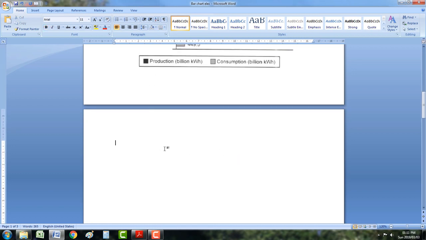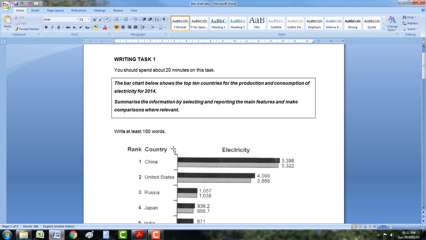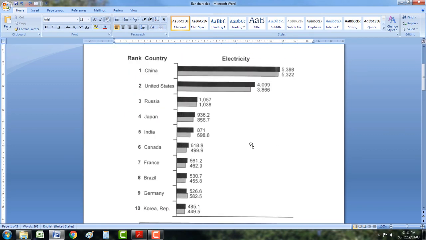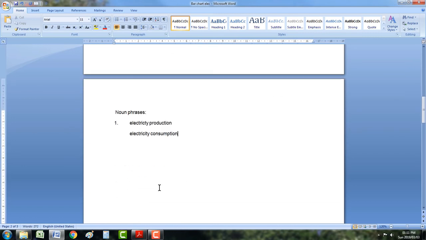Right, so let's quickly just do our noun phrases. Noun phrase 2 is in the question. Can you see it? Production of electricity and consumption of electricity. That means noun phrase 1 is, alright, so great, that's noun phrase 1. Synonyms for that, can you think of any?